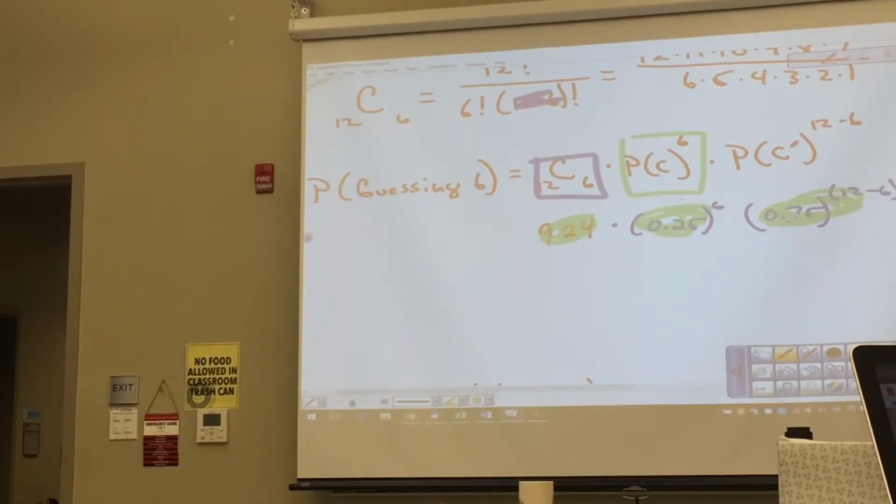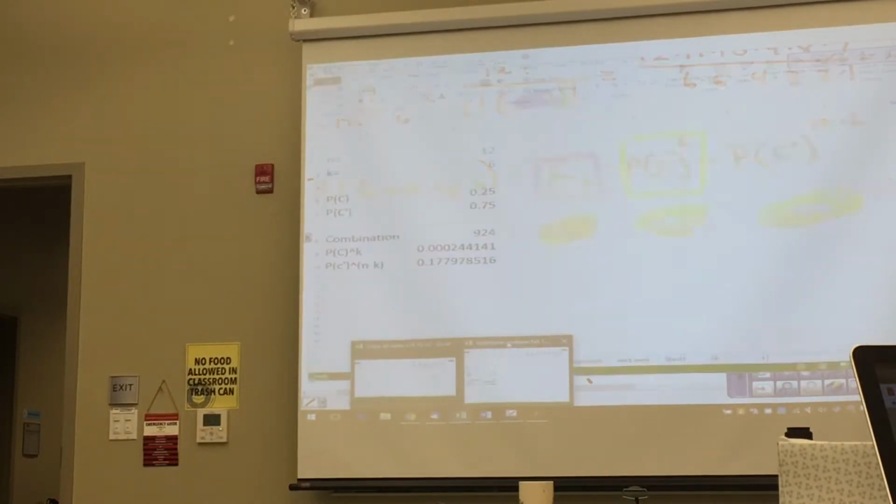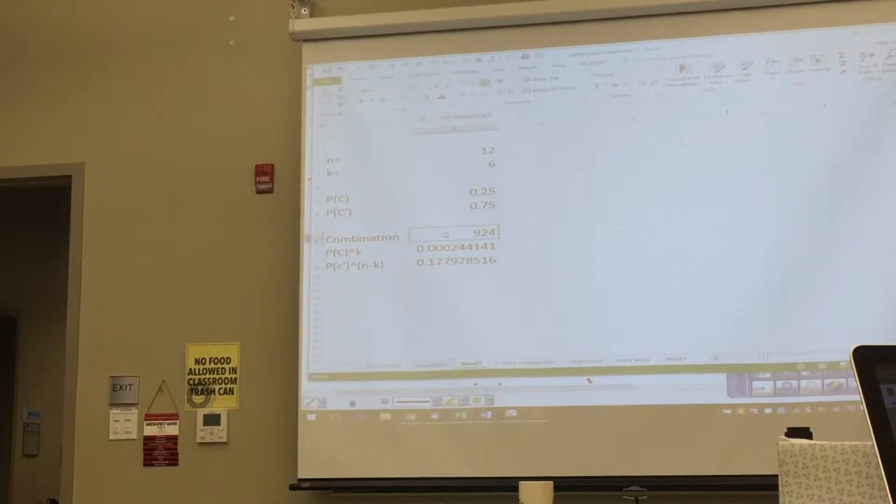Again, if I'm doing this on a calculator, it's easy to get lost. If I'm doing it on Excel, I'm just going to take this, come down here, and take this times this, times this. I'm just going to multiply those three numbers.